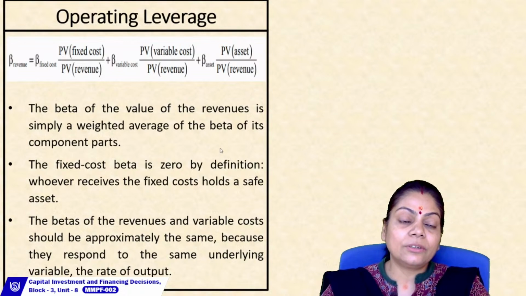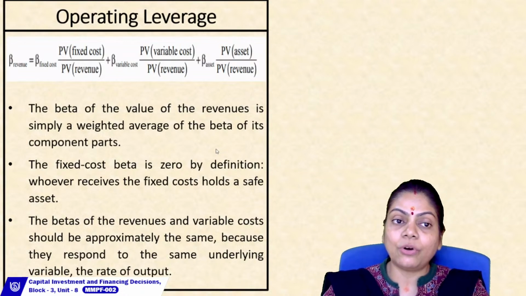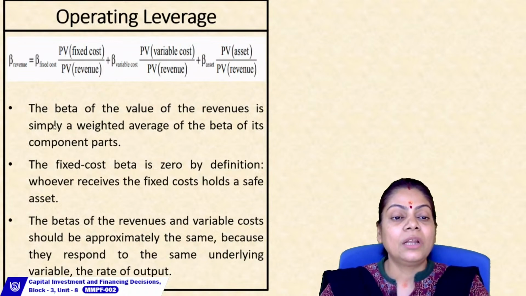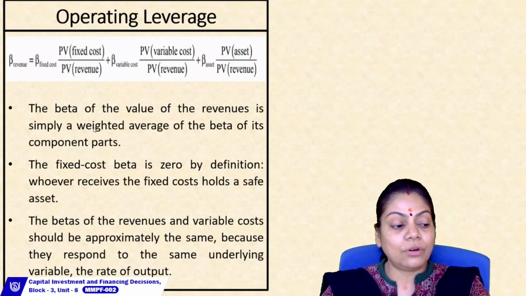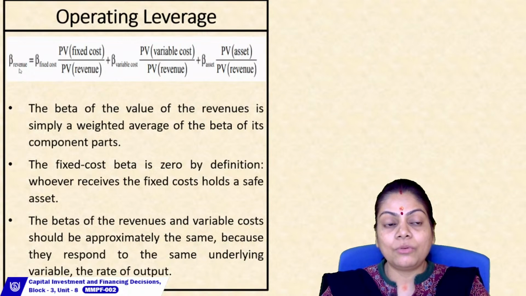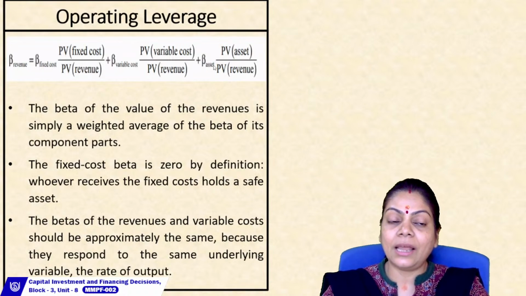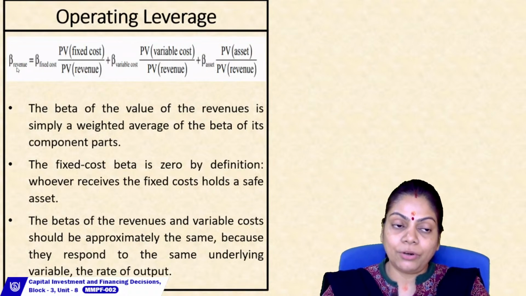All I'm trying to do is show you the impact of operating leverage on the beta value. The beta of the revenue is simply the weighted average of the betas of its component parts. What are the component parts of the revenue? The component parts are the fixed cost, the variable cost, and the asset. The beta of that particular revenue is dependent on the beta of the fixed cost, the beta of the variable cost, and the beta of the asset.